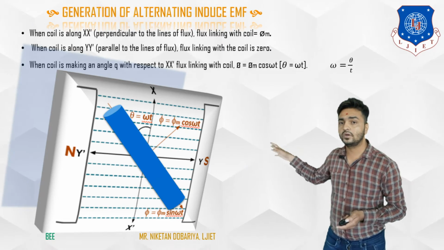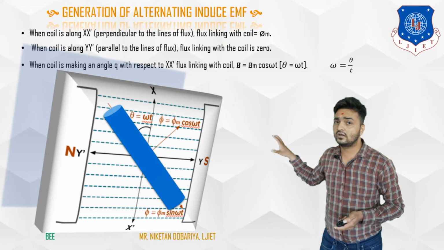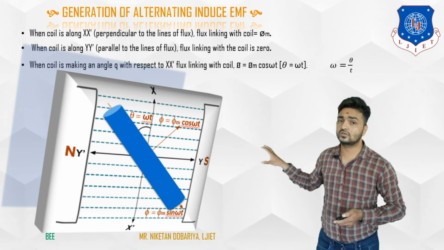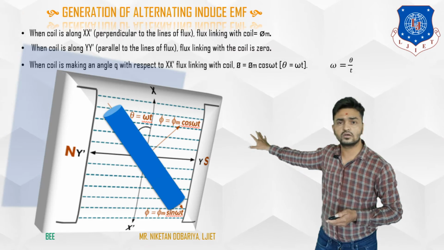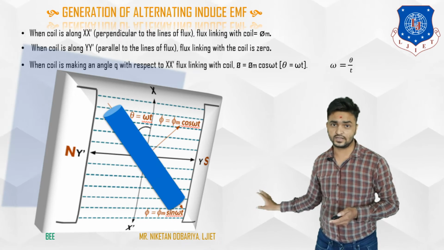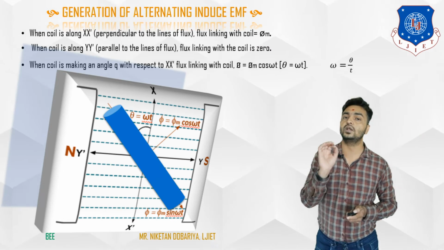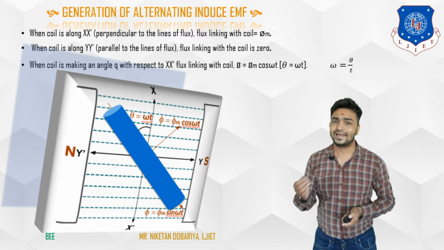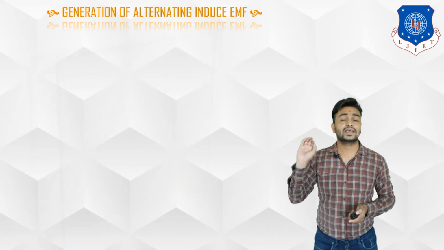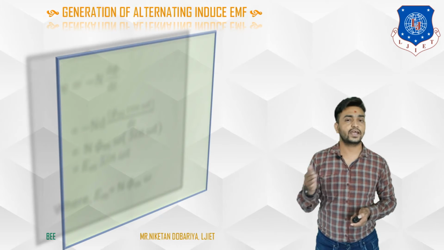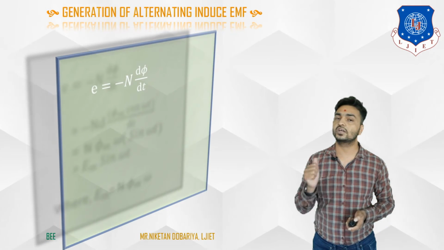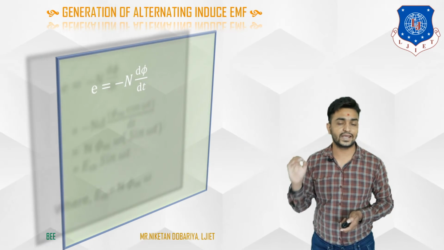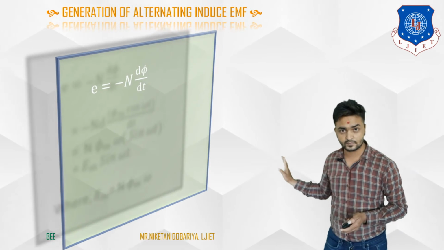Up to now we have derived the value of flux which is linking with this conductor at various angles theta, and based on that value of flux we are going to derive the EMF equation. EMF can be derived according to Faraday's second law, and the mathematical form of that equation is E is equal to minus N dphi by dt.